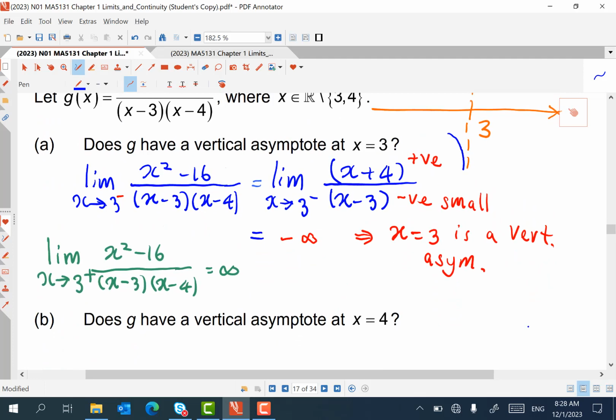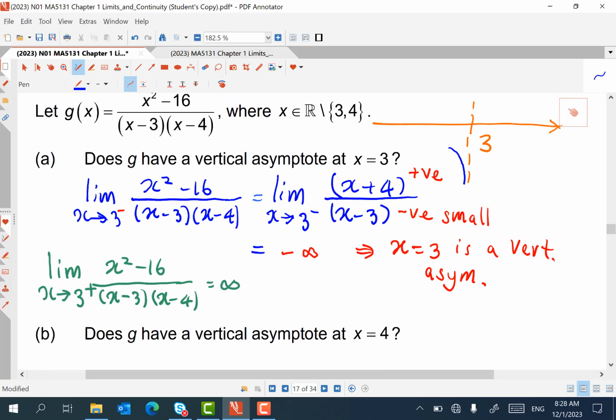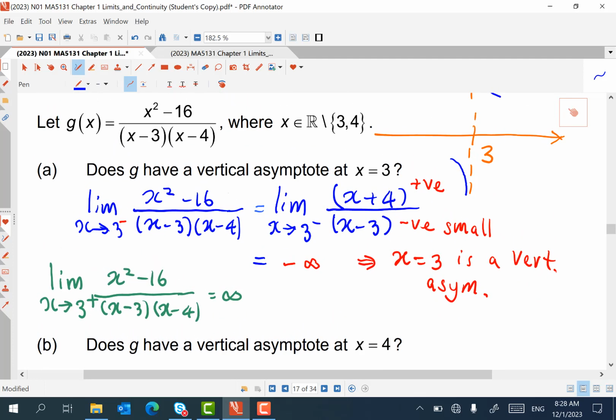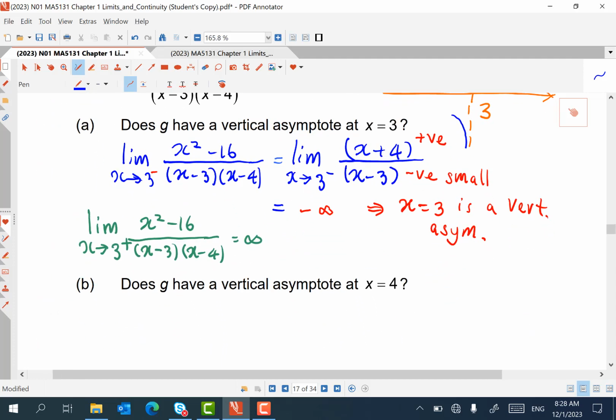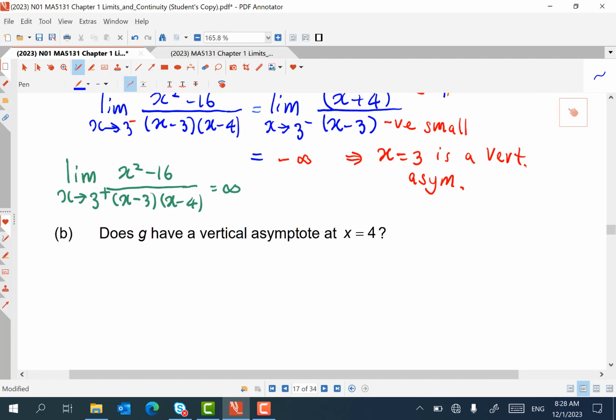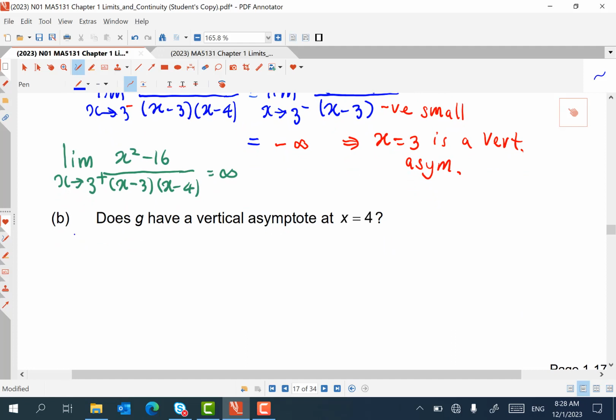Okay, then the next thing is we want to check, does G have a vertical asymptote at x equals 4? Now can you all try? What happens when x goes towards 4? The same thing goes now. You want to check the limit as x goes towards 4 minus of your g(x).